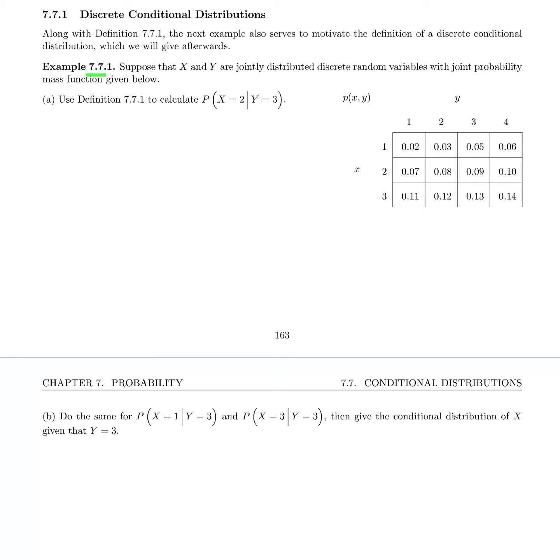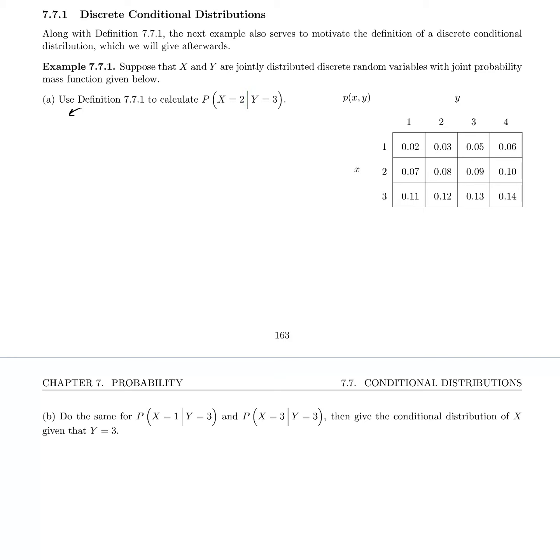So example 7.7.1. Suppose that X and Y are jointly distributed discrete random variables with joint probability mass function given below. We're supposed to use definition 7.7.1 to calculate the probability that X is equal to 2 given that Y is equal to 3.